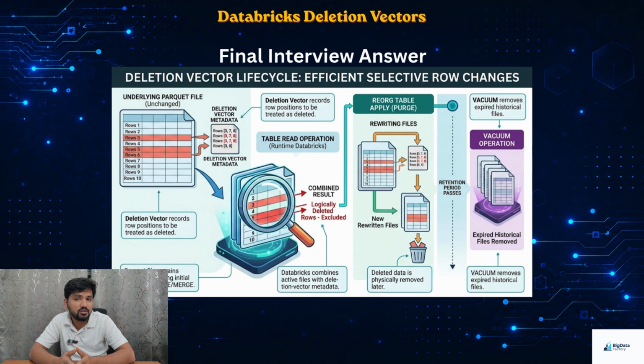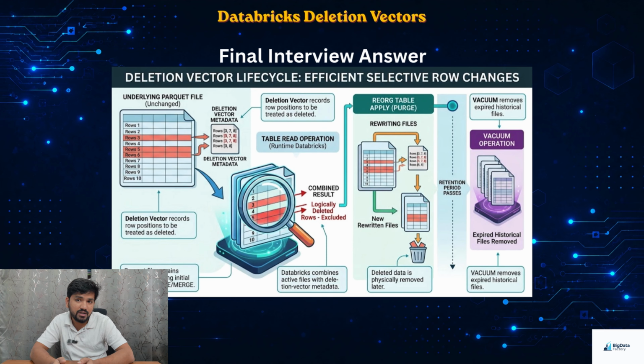So finally, how does Databricks delete rows without rewriting Parquet files immediately? Here is the complete answer. A deletion vector records which row positions inside a data file should be treated as deleted or modified. The underlying Parquet file can remain unchanged during the initial delete, update, or merge.